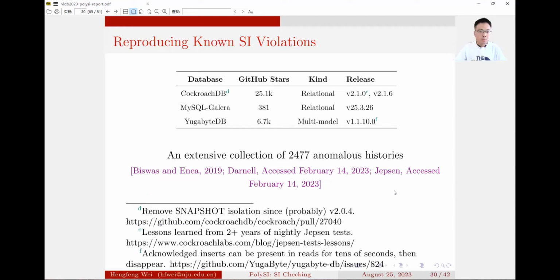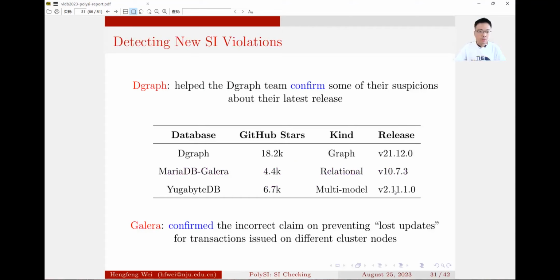PolySI is able to reproduce known snapshot isolation violations in a collection of more than 2,000 histories. It is also able to detect new SI violations. We have found 3 violations, 2 of which have been confirmed by the developers.